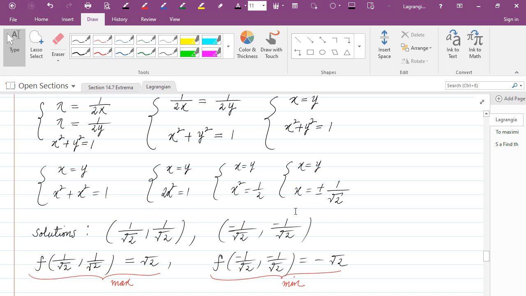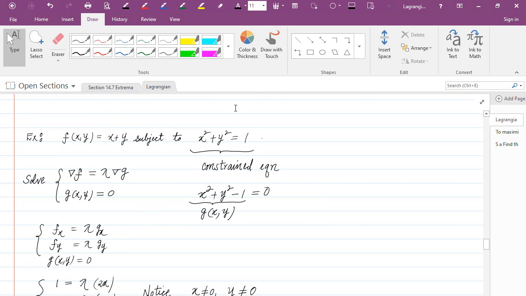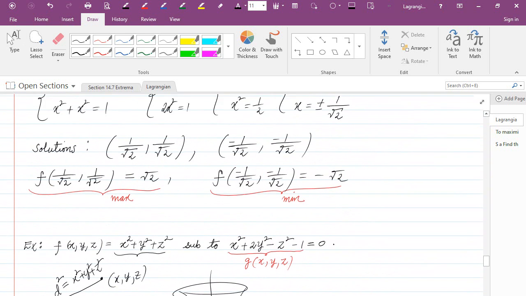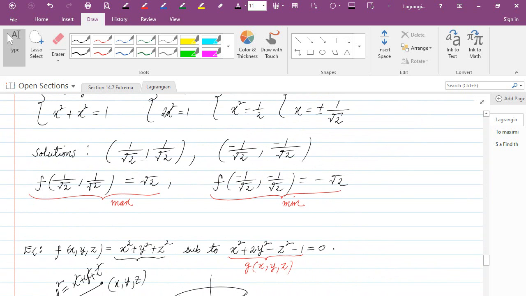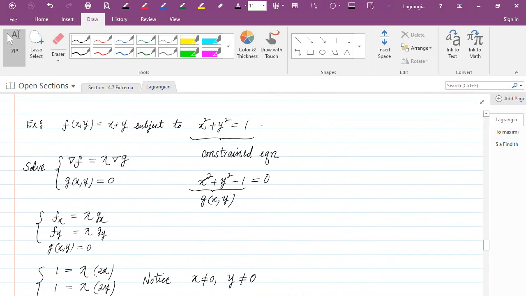So remember, by the extreme value theorem, since the unit circle is a closed bounded set, f has a maximum and a minimum on it, and we got 2 points here. If I evaluate f at (1 over root 2, 1 over root 2), then I get root 2. Remember, f is x plus y.